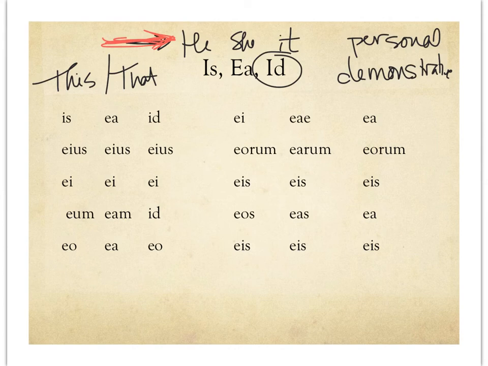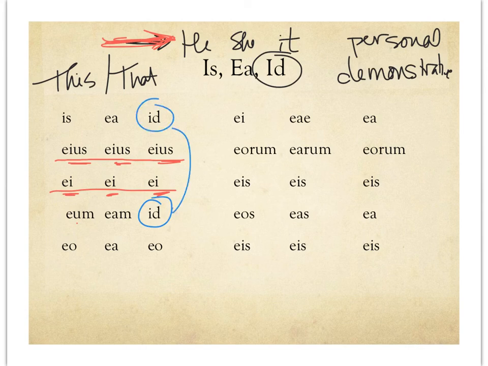And you can see that these are a little strange too, although the common feature is we have eius, eius, eius, so that ius, and ei, ei, ei with the I. And then you can see we have eam, and id, because these are always going to be the same, whatever they are.